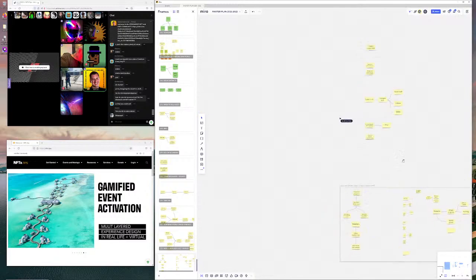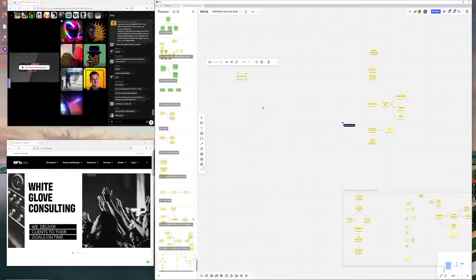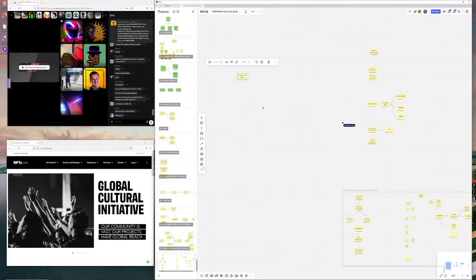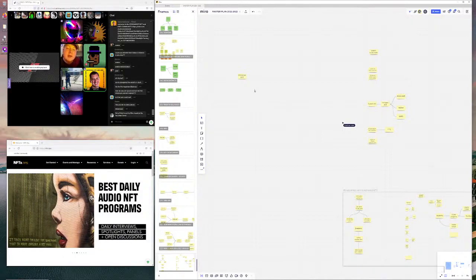So you got the entrepreneurial spirit, right? Artistic, collector. But now you got the users. What is the user that just wants to consume? What are the traits of the user?